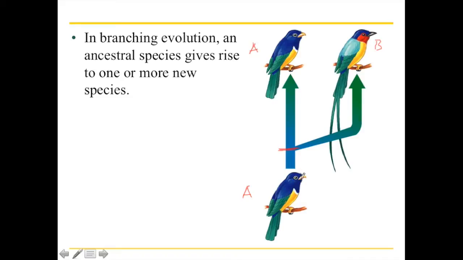So this could be a model for what happened to these Galapagos finches. Maybe population A is the thing that you saw on the mainland, and it's still population A today because nothing changed. But this branch here, they flew out to the islands. For whatever reason, they ended up on these islands, and there on these islands they changed because the islands are different.